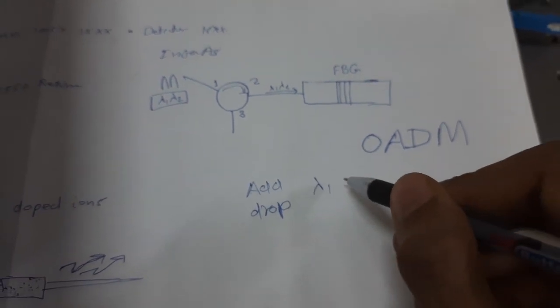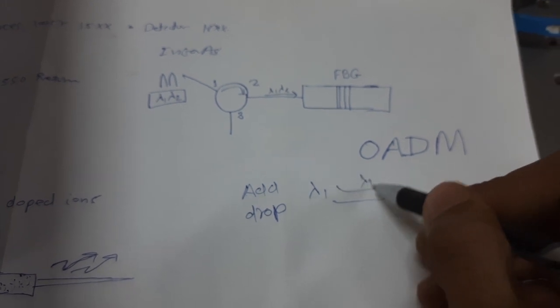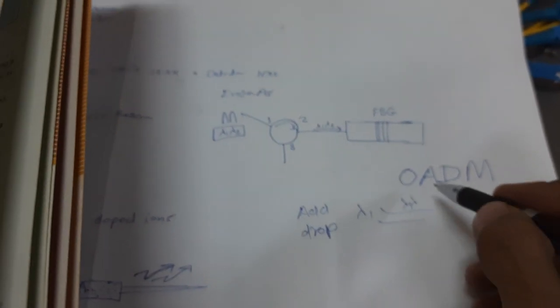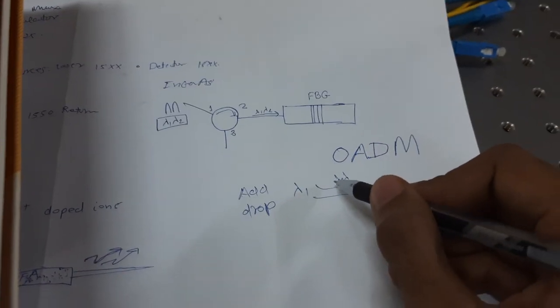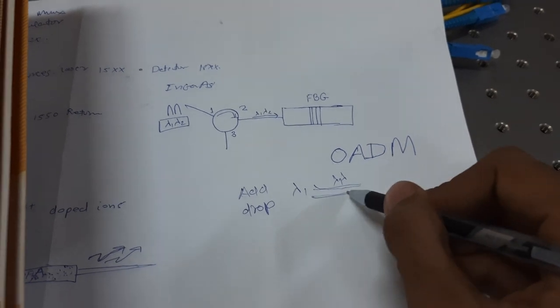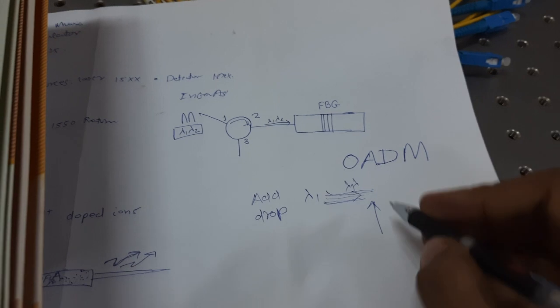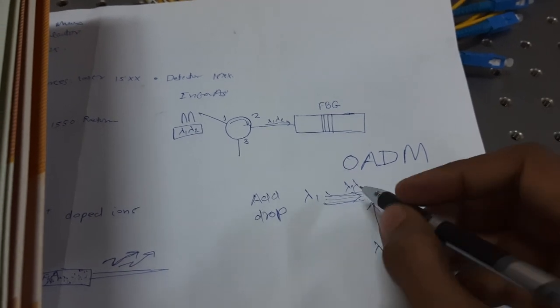Suppose that you have multiple wavelengths in a signal: lambda 1, lambda 2, lambda 3. A multiplexed signal is one where many signals have been multiplexed to make one signal, and it has been sent, and you want to add one more wavelength here.